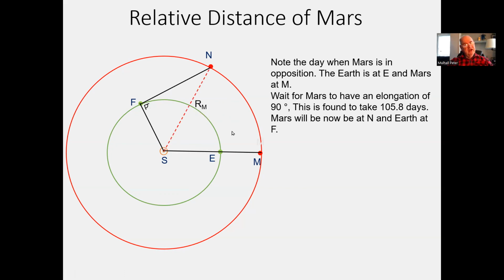And we have formed another right triangle, okay? Wait the amount of time it takes so that the angular separation in the sky that we see from the Earth between the planet and the sun is 90 degrees. And we have another right triangle.